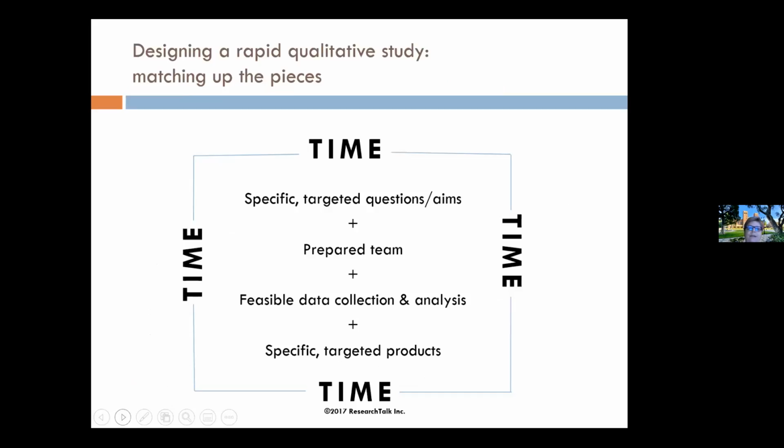So I really think about this work as being bounded by time. Of course, we're fundamentally talking about a time issue, and we're talking about rapid. So we're really thinking about how time encompasses our methods decision making. So it really comes down to this combination of very specific and targeted questions or aims, plus a prepared team, plus a feasible data collection and analysis plan, plus specific and targeted products.